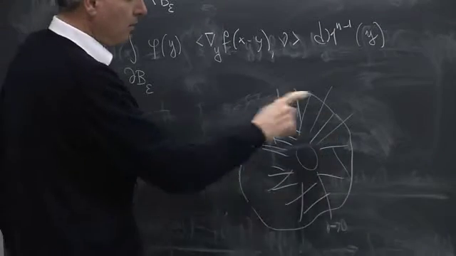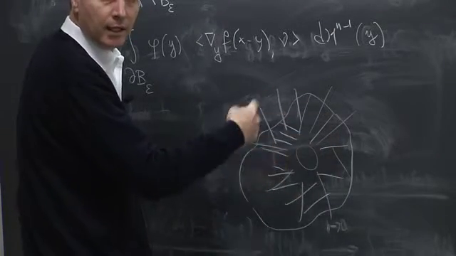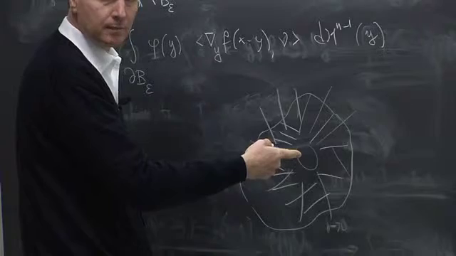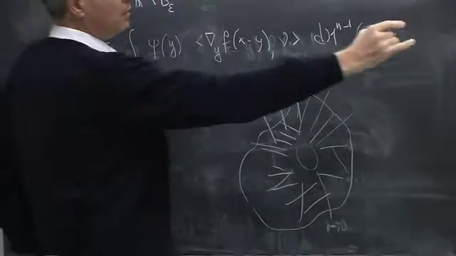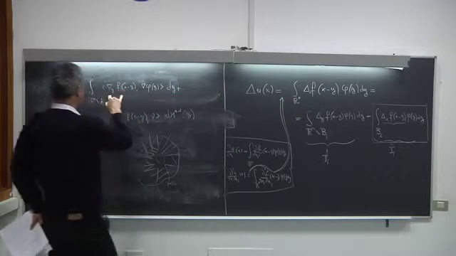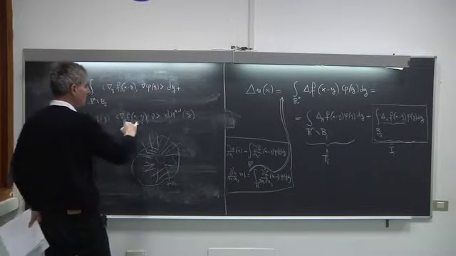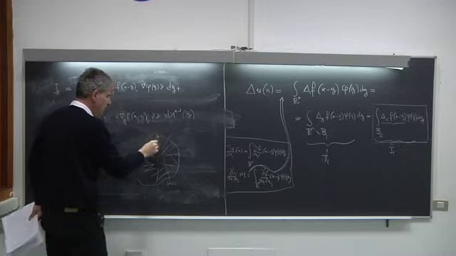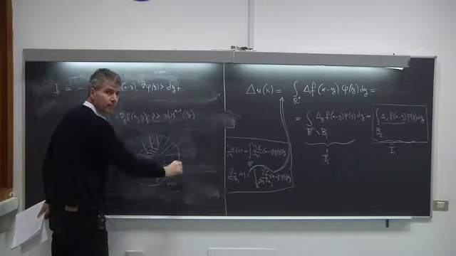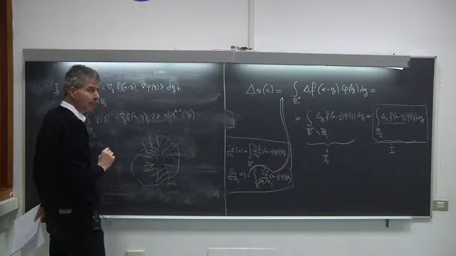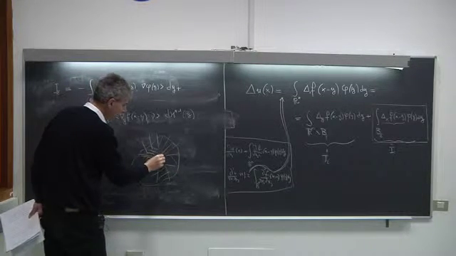So this is an open, smooth, bounded set, and therefore I can apply the integration by parts. This volume integral becomes a volume integral with the minus, and then there is a boundary contribution, but there is no contribution on this part of the boundary because f is 0. The only contribution is here.